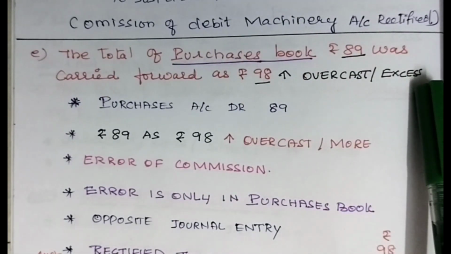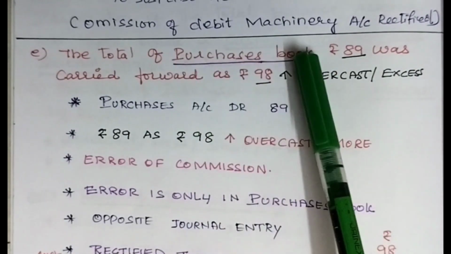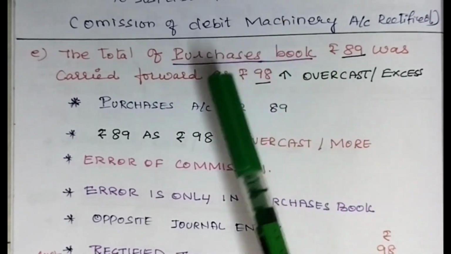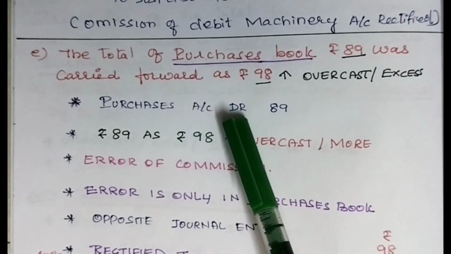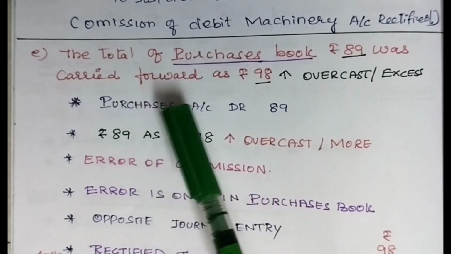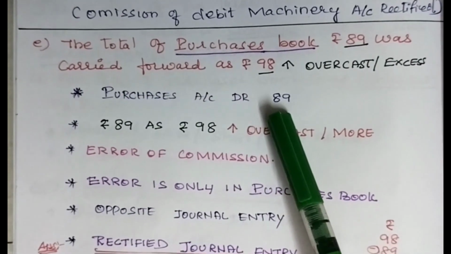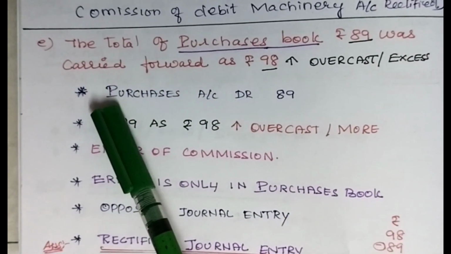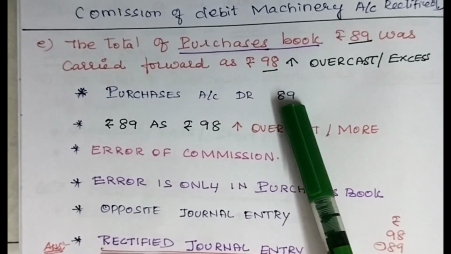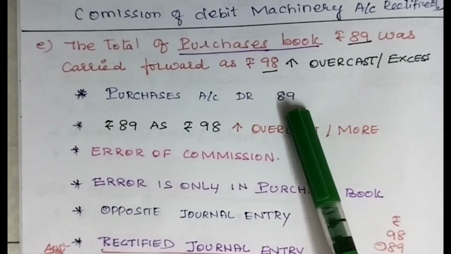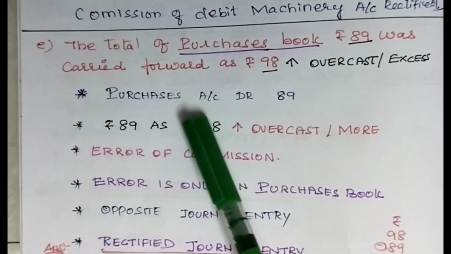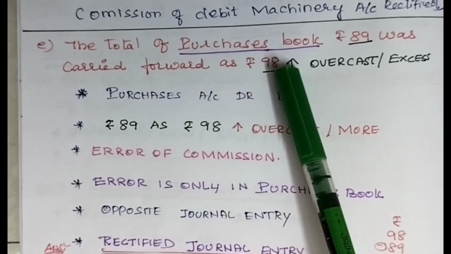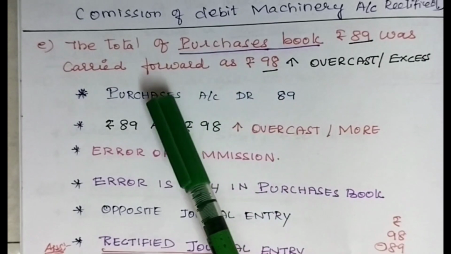Which account is affected here? The purchases book or purchases account. Purchases account shows on the debit side. Purchases account debit 89 rupees is to be recorded. So instead of 89 rupees, an accountant entered 98 rupees on the purchases book.